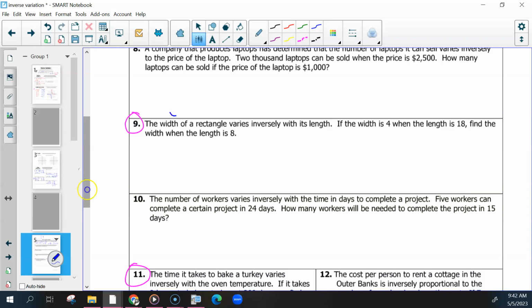Width is y. Length is x. So we have the width is 4, and length is 18. We need to find the width, so what are we looking for? Y. So go ahead and find your k.